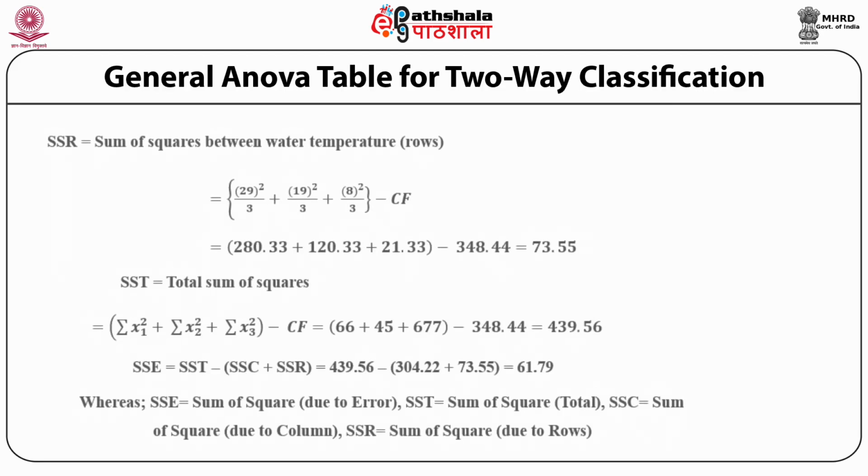So it comes out to be 304.22. Second, we find out the sum of square between water temperatures. So it is 29 square upon 3 plus 19 square upon 3 plus 8 square upon 3, sum of that and minus the correction factor, which is 348.44, and its value comes out to be 73.55.